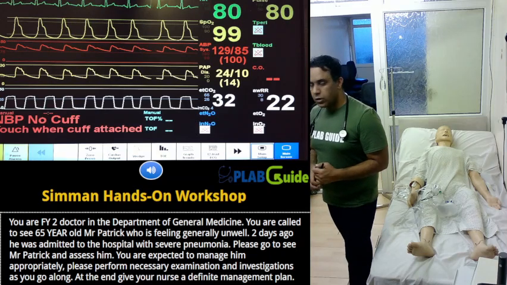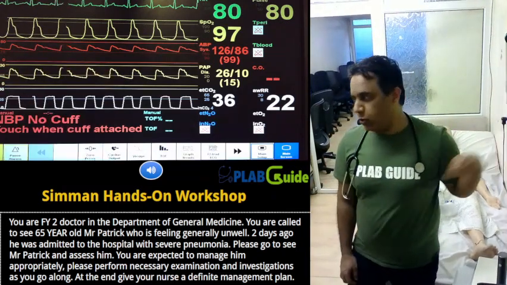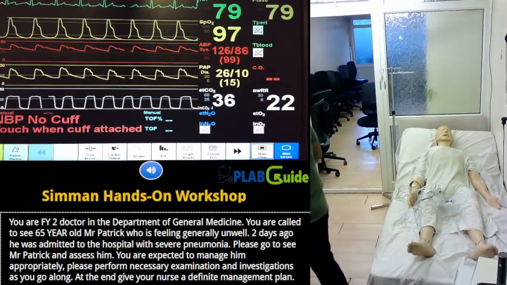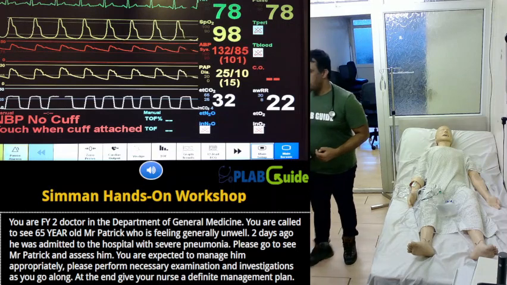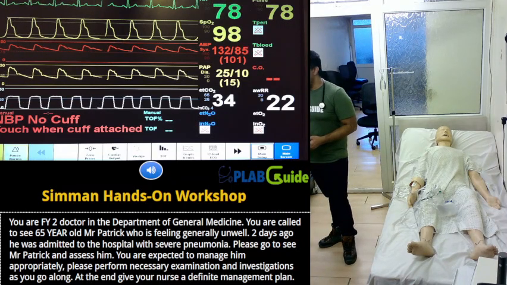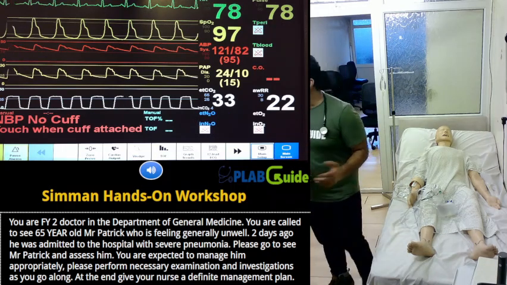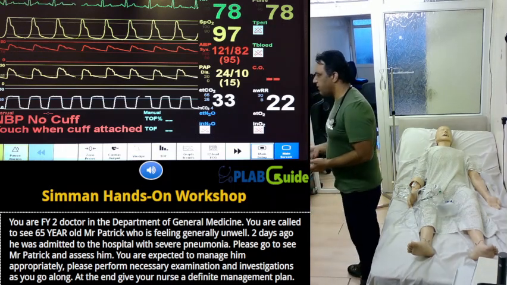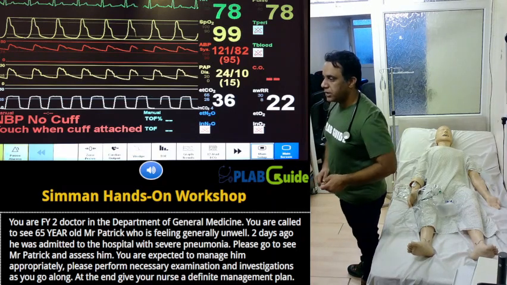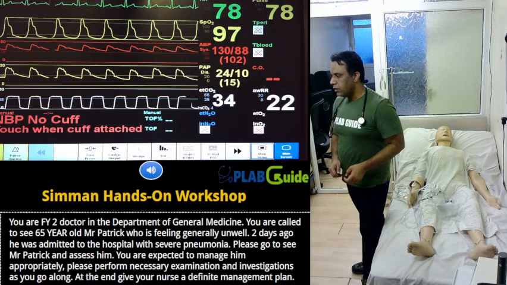The patient may be 99% with a respiratory rate of 22. This is not good, isn't it? 99% or 98% with a rate of 22 or 32 means the patient is breathing very fast. Ideally the normal resting respiratory rate is about 15, 16. So this is not good.